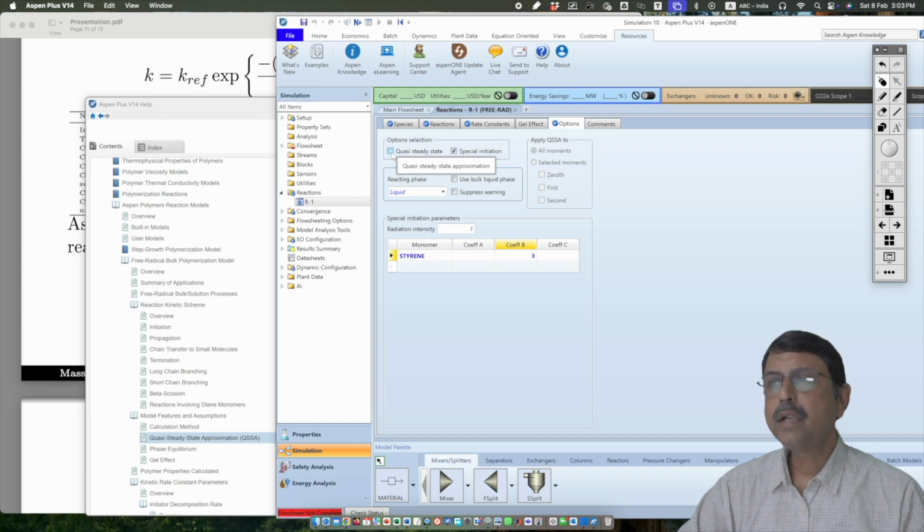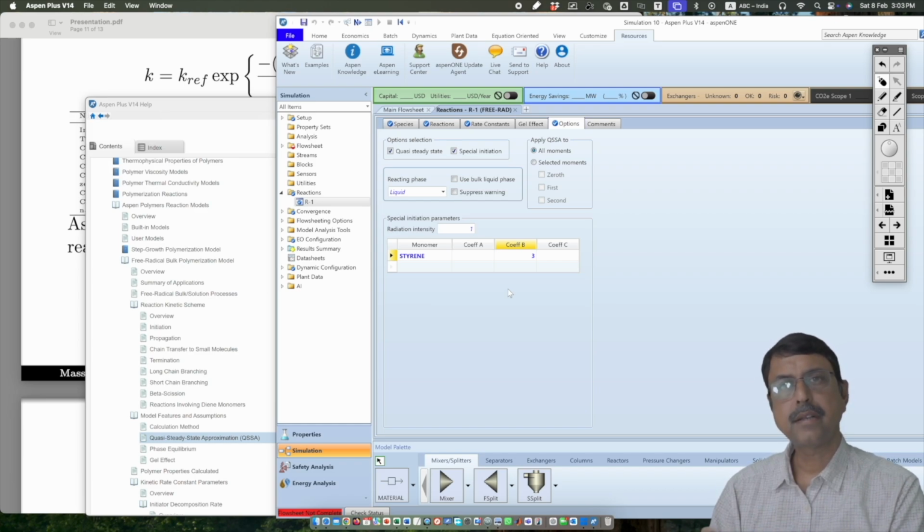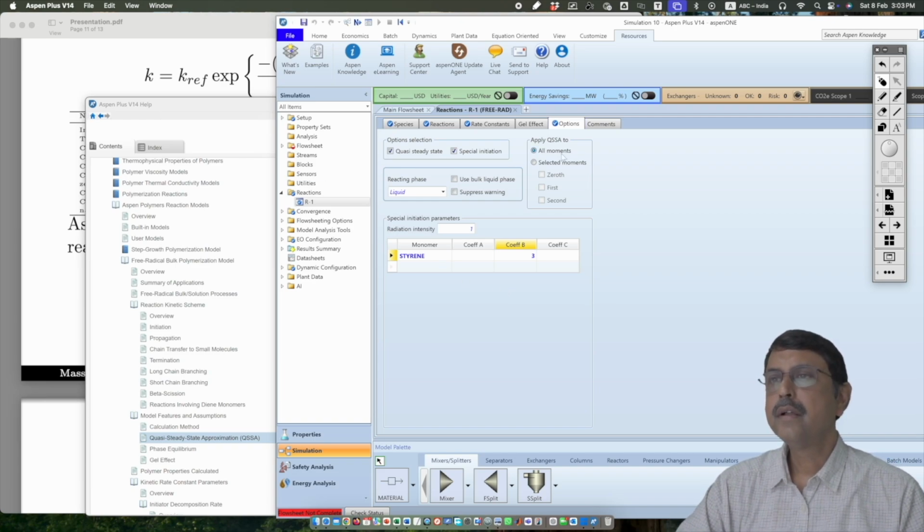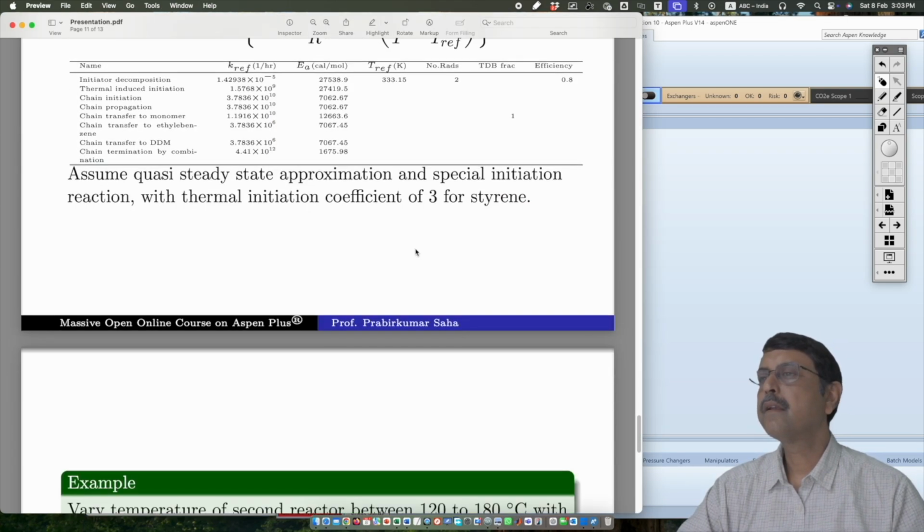Once you tick this option, whatever ordinary differential equations are there in these reactions convert into algebraic equations and you can solve them. So that is the option you have to tick.